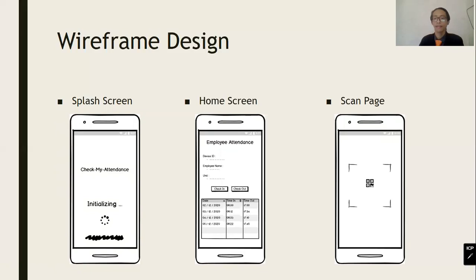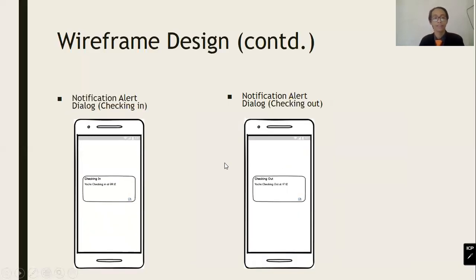And next is the scan page. This is the page that will show when the user scans their QR code. And next is the notification alerts, which will show whether the user is checking in or checking out.